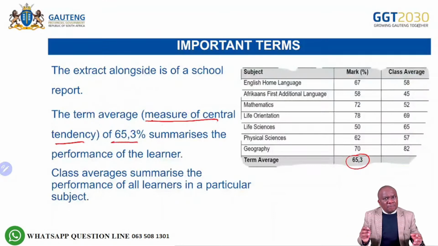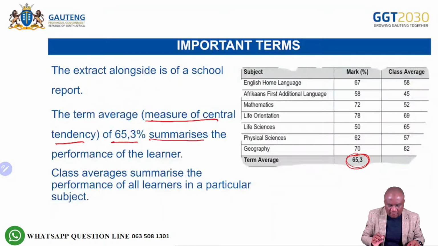So if you're saying, oh, my school average is 65,3, we have that picture of all your marks being around 65%. So the marks for all the subjects are clustered around this mark. It represents my performance. So the measures of central tendency summarize the data set.